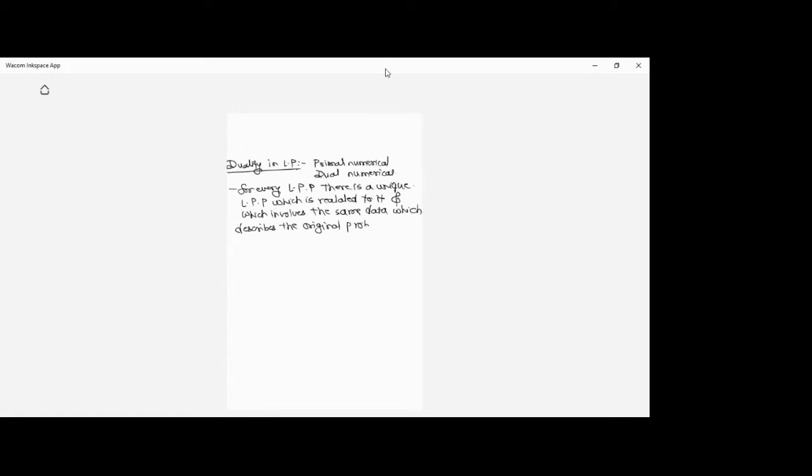Okay, so what I'm trying to tell you is that for every LPP, that is for every primal numerical, there is another unique LPP, which is nothing but a dual numerical, which is related to it.